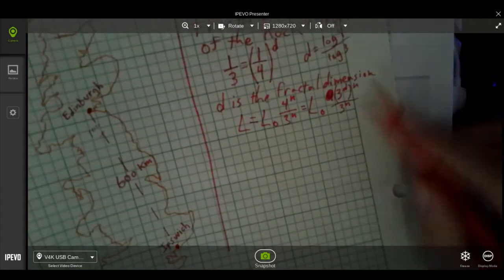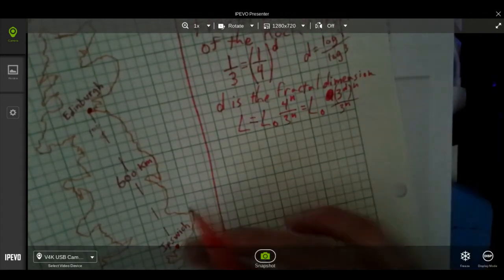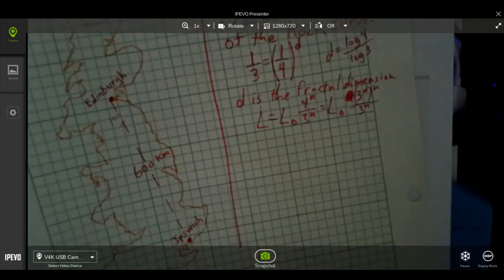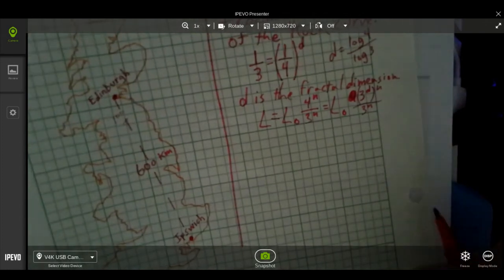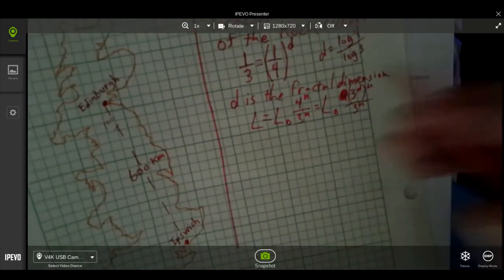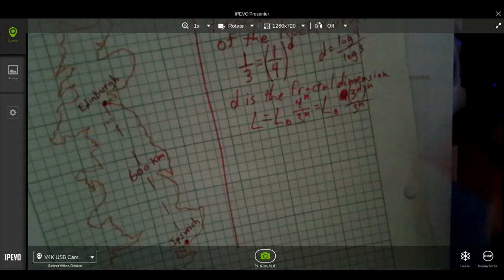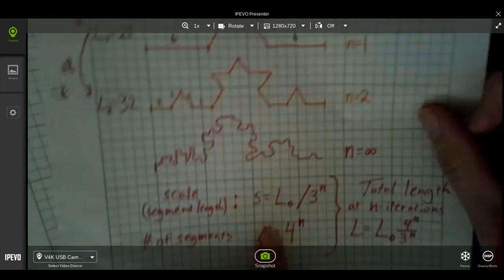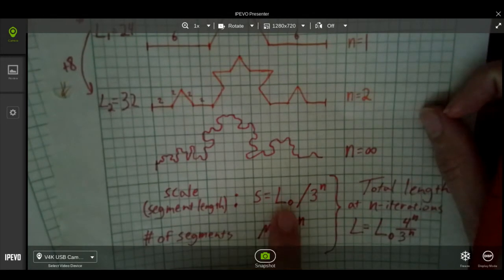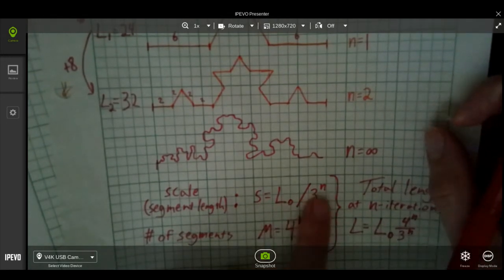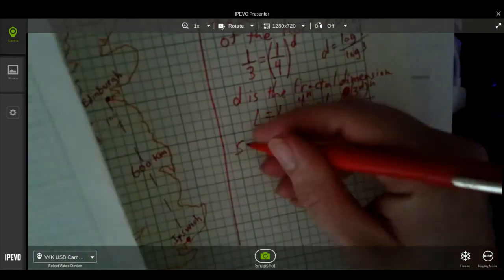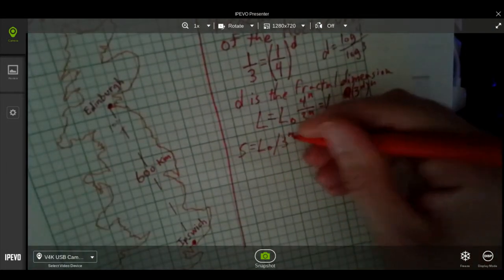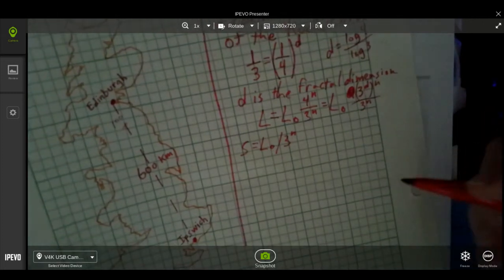Now, I don't know what n is. I mean, how many iterations is it going to take me to fill it in? That I don't know ahead of time either. But I can rearrange some of this, because if you look at the old one, we said that the scale, the length of your measuring stick, is going to be L naught divided by 3 to the n. Well, I can use logarithms and figure that out.